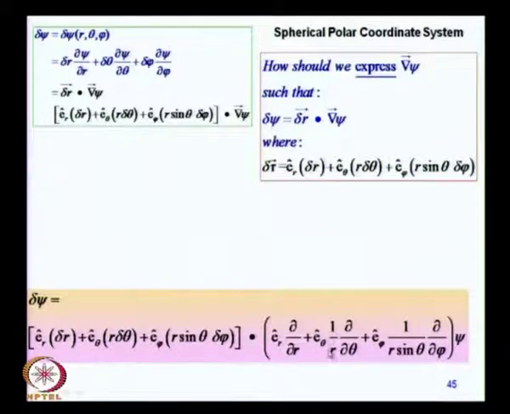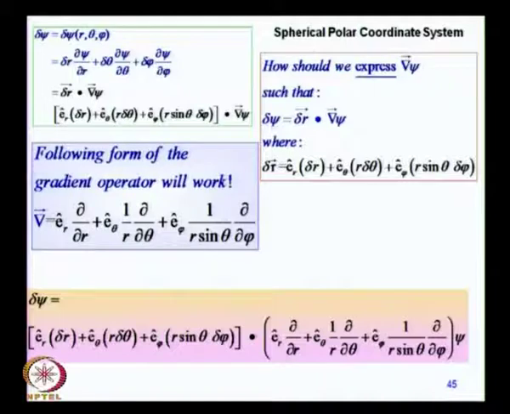Notice that this 1 over r cancels this r, this 1 over r sin theta cancels this r sin theta, so that this chain rule which you see over here is automatically reproduced. Absolutely no need to remember this 1 over r in the definition. If you forget it, there is no way you can get this cancellation.